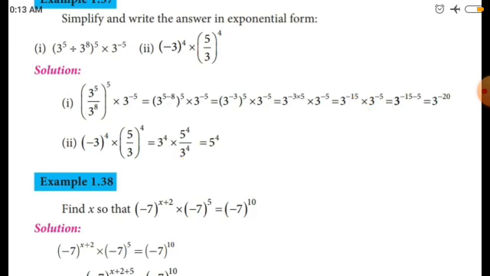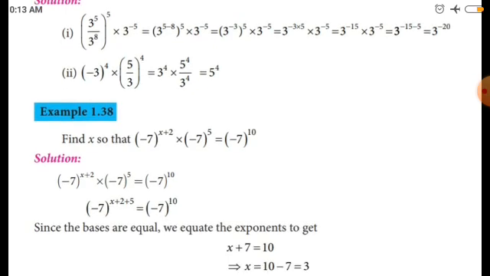Next, example 1.38. Find x so that minus 7 to the power x plus 2 into minus 7 to the power 5 is equal to minus 7 to the power 10. Solution: the given value is minus 7 to the power x plus 2 into minus 7 to the power 5, equal to minus 7 to the power 10.